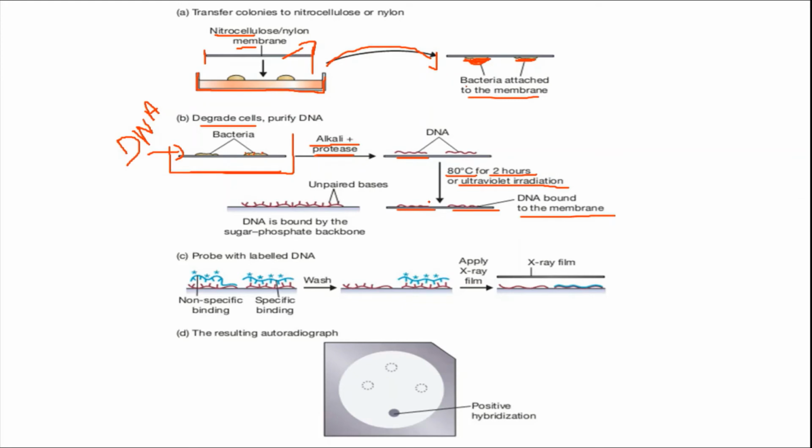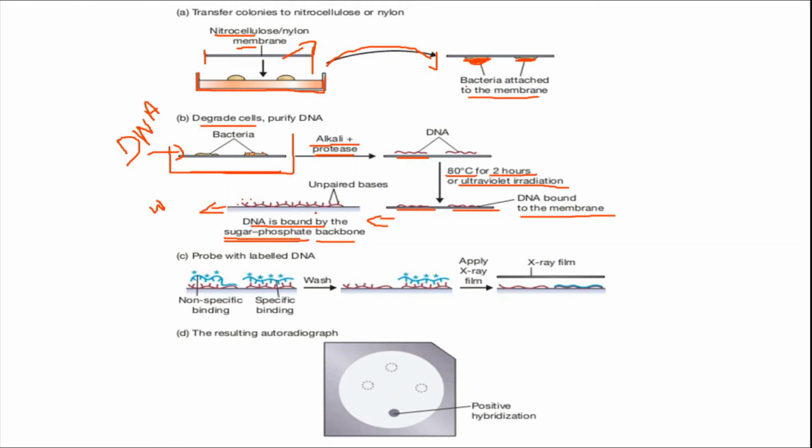After this procedure, you wash the entire membrane. Why? Because the unbound DNA, RNA and other biomolecules are washed out. The DNA binds through the sugar phosphate backbone that already exists in the DNA, so using this group the DNA binds to the nitrocellulose membrane.